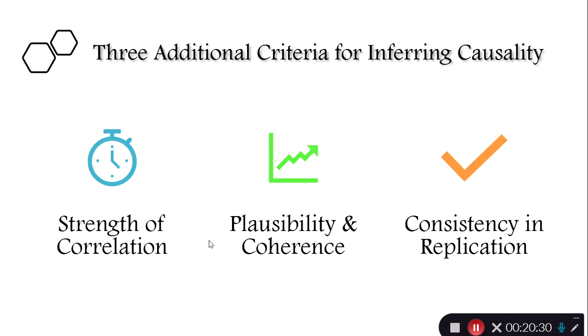There are three additional criteria for inferring causality that are mentioned in your text, and they are strength of correlation, plausibility and coherence, and consistency and replication. I only really want you to know the three main criteria that we just discussed, but I still wanted to put these here just so that you are aware that there are other criteria as well that are not as often discussed or cited in the literature.